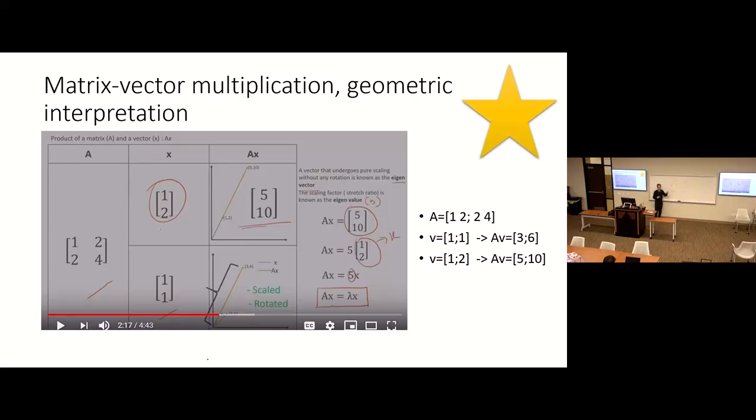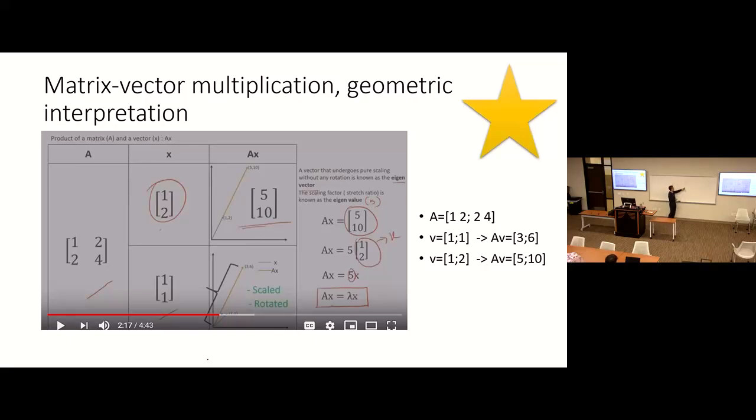So now I treat this squared matrix as an operator. So this operator will do something for the data points in the space. So when I apply this as an operator to multiply a data point in the space, I will change the original position of this data. The original position of this data is 1, 1. Now it becomes 3, 6.